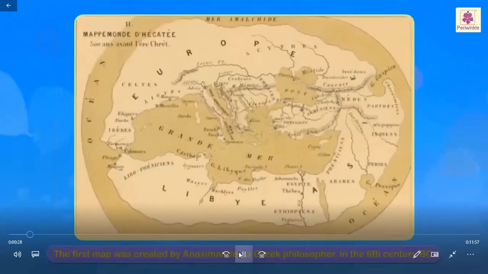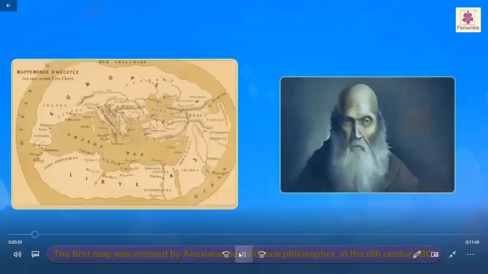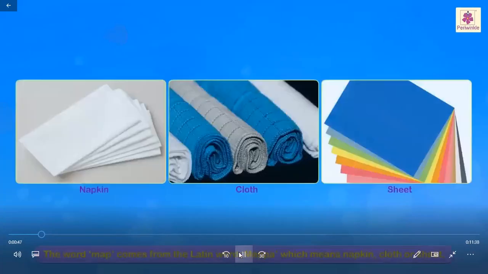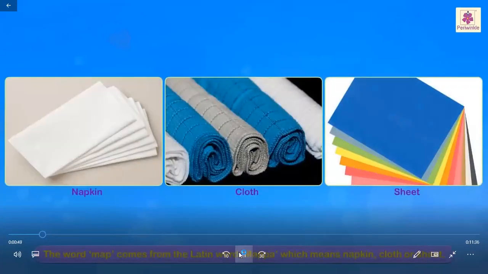The first map to represent the known world of that time was created by Anaximander, a Greek philosopher in the 6th century BC. The word map comes from the Latin word mappa, which means napkin, cloth, or sheet.